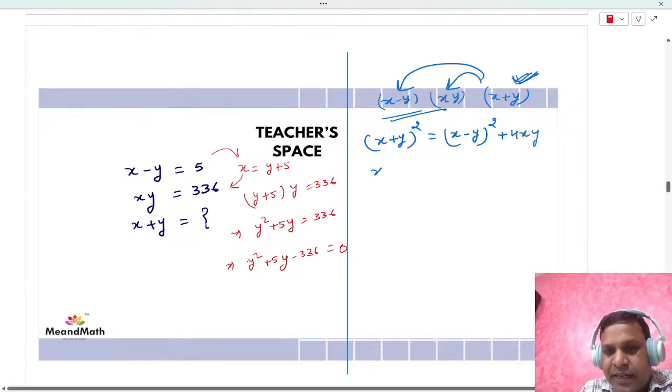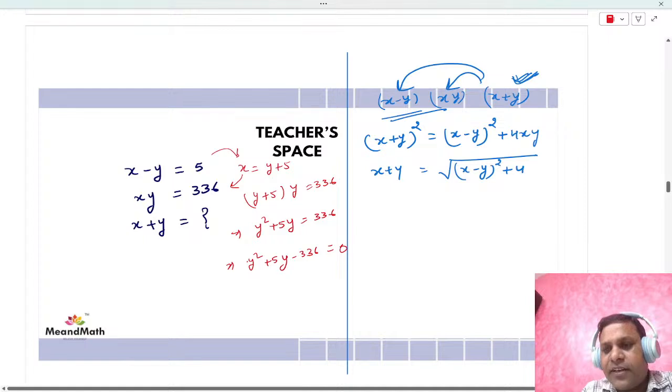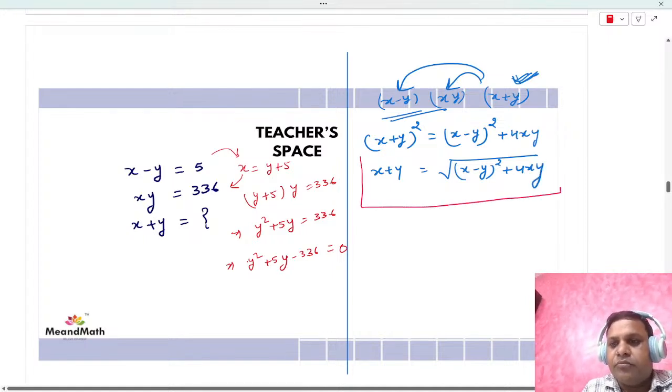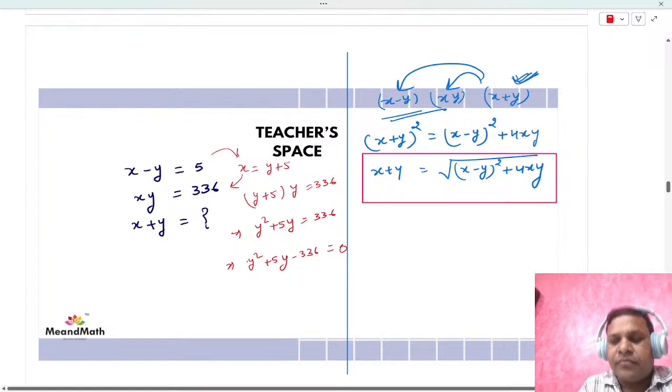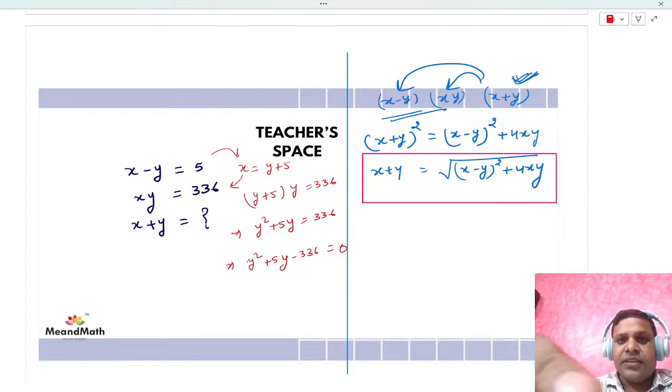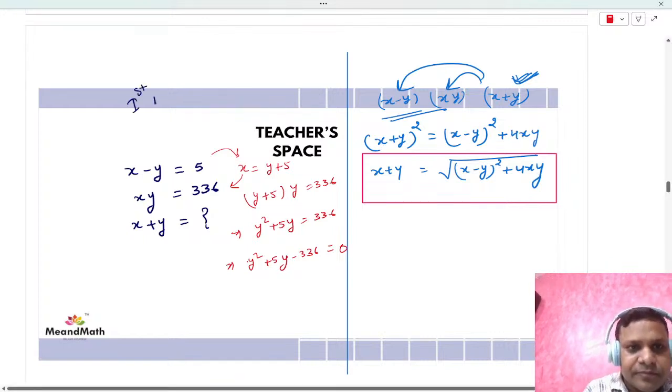Okay, if you have to find out x plus y, then find its root. So x plus y is equal to root of x minus y whole square plus 4xy. So this is a very important property. In class 10th we will use it a lot in the polynomial chapter. Okay, so in the second method, this is the first method. This is the second method.